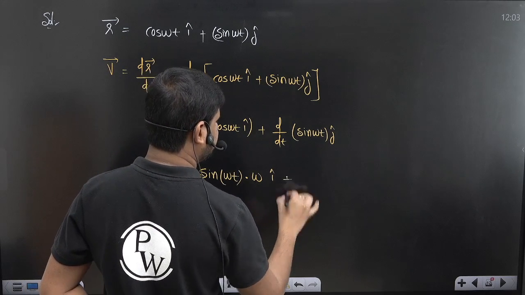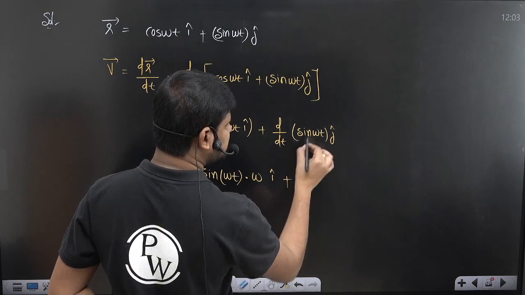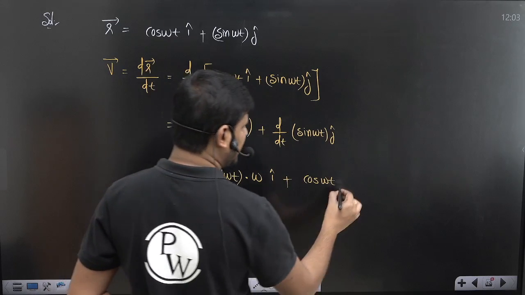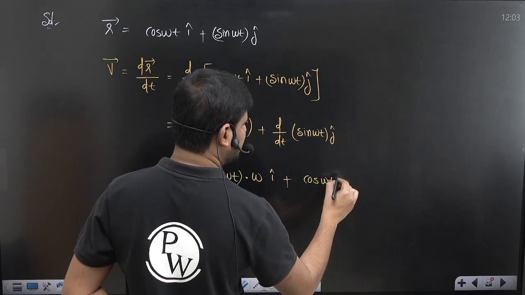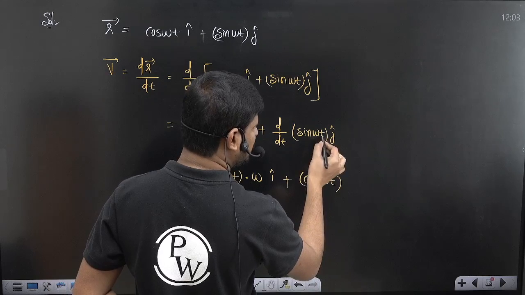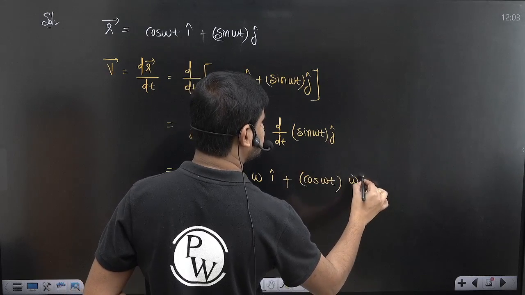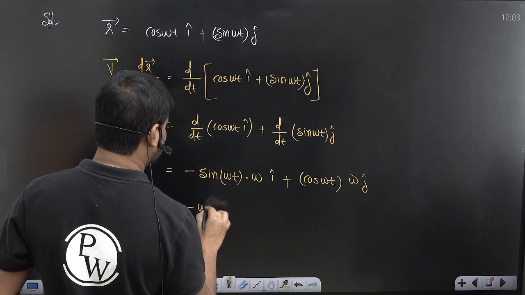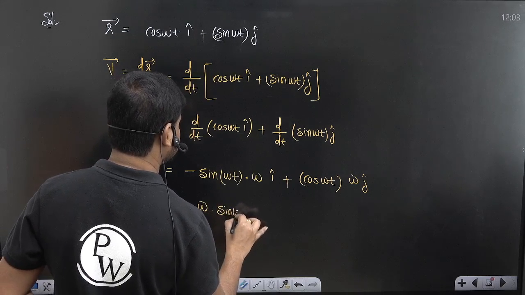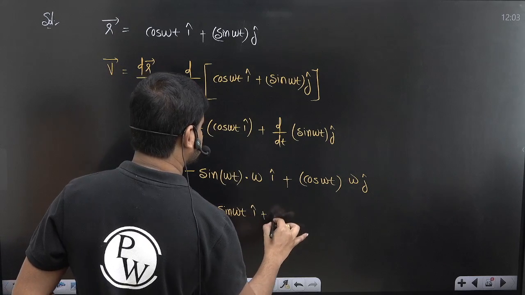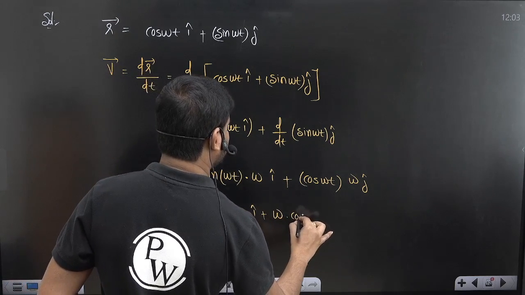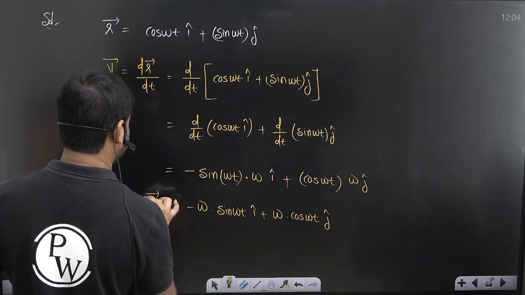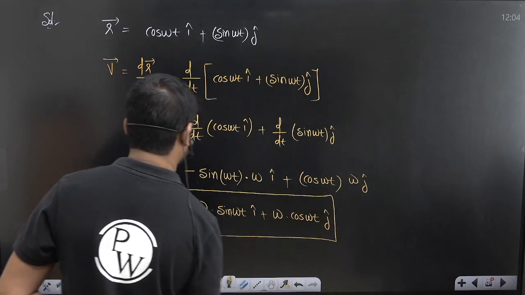Plus, the differentiation of sin theta is cos theta, so in place of theta we have omega t, and again the differentiation of omega t is omega, into j cap. So this is going to be minus omega sin omega t i cap plus omega cos omega t j cap. This is the velocity vector. Just mark this one.